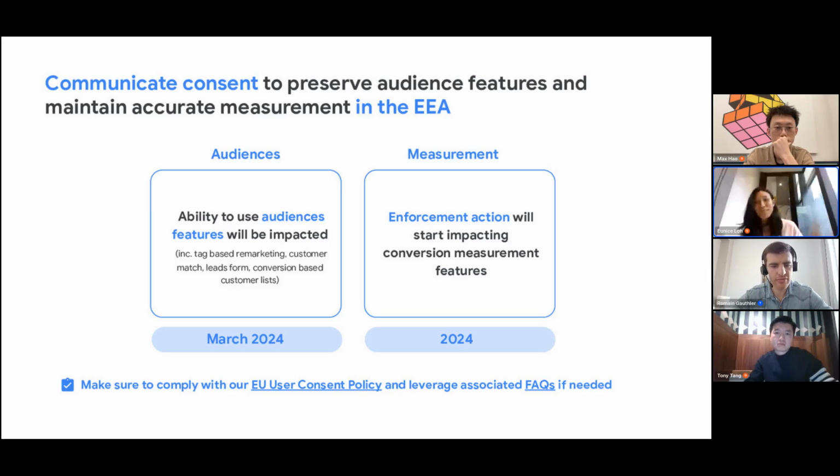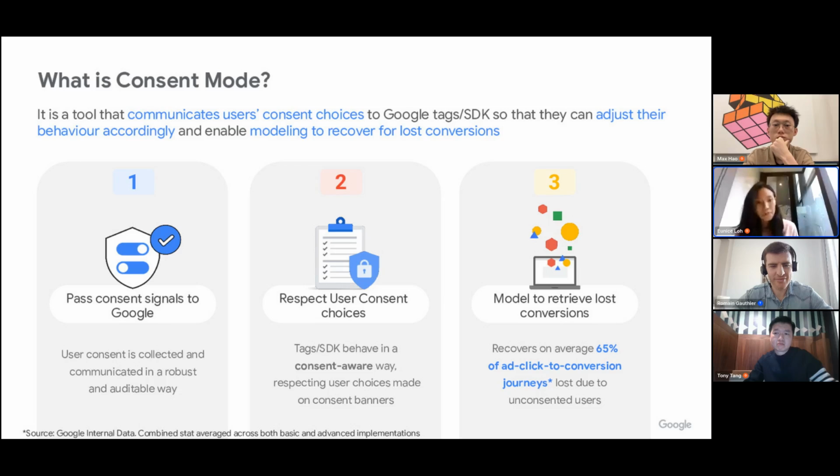So once again, this is specific to the EEA region that I'm talking about. If you're advertising to the rest of the world, we're not actively enforcing this, but specifically for EEA audiences, your ability to continue to do sustainable measurement is going to be impacted. So I just want to be very clear on the implication of it.